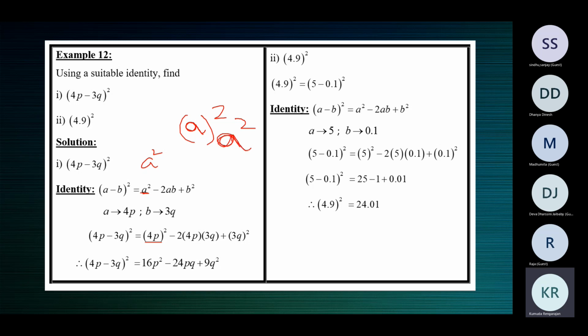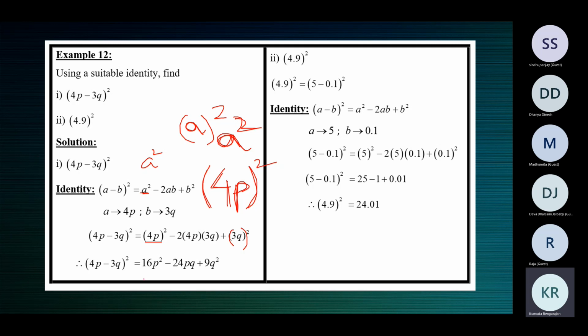Whatever is A should be squared. Now what is A? A is 4P. From where to where is A? From here to here is A. Why? Because there are two elements in it. There is 4 and P in A. So you must square the whole thing. That is why 4P the whole square. Similarly, B square. From here to here is B, 3Q square.